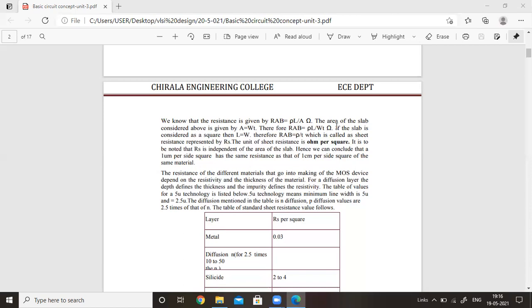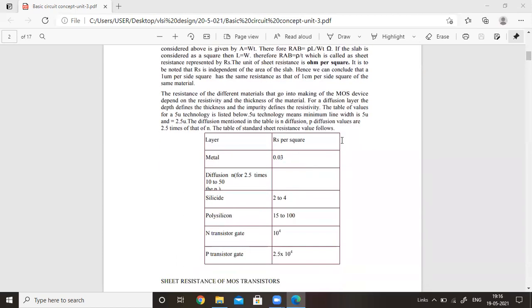The different layers are metal, transistor diffusion that is thin ox layers, silicide, polysilicon, and the N transistor gate and P transistor gate. These are the different layers in the MOS structures.